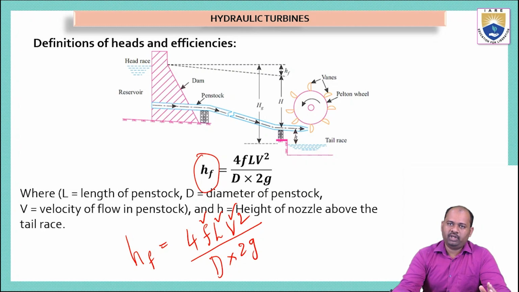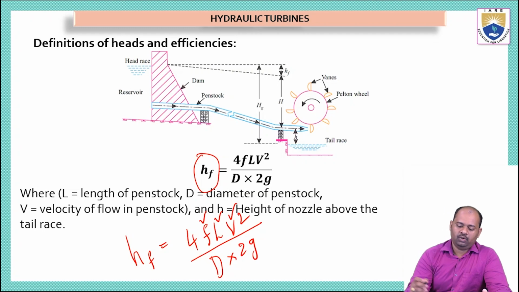So F is the friction coefficient, L is the length of the penstock, V is the velocity of the water flowing through the penstock, D is the diameter of the penstock, and G stands for gravity, which is obviously 9.81 meters per second square. So this is the formula for head lost due to friction in the penstock.